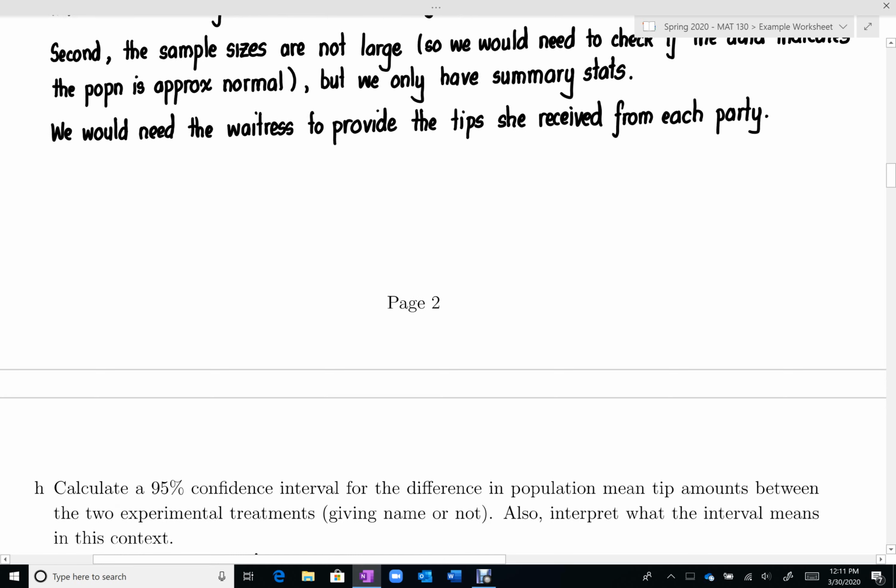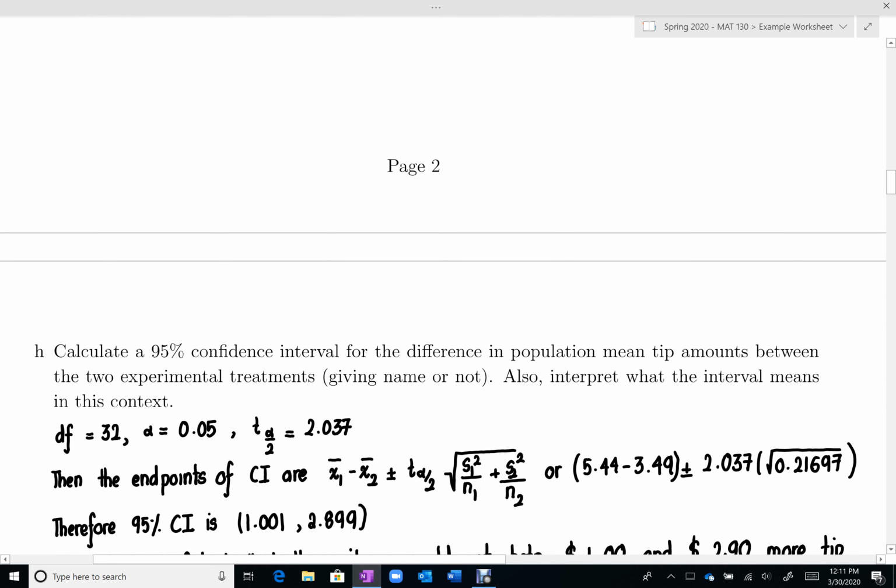All right, so remember we already computed the degrees of freedom, and now in this case, since we're looking at a 95% confidence interval, our alpha is 0.05, so we need to find t alpha over 2. When we go to the table, we see that our t alpha over 2 is 2.037.